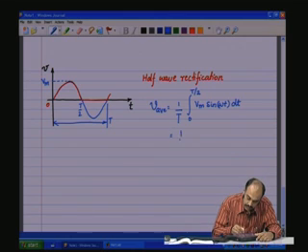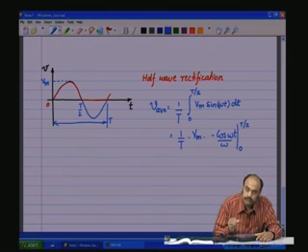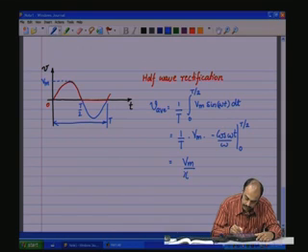So, this would give you 1 by T into Vm into minus cos omega t by omega, evaluated from 0 to T by 2, and this will result in Vm by pi.